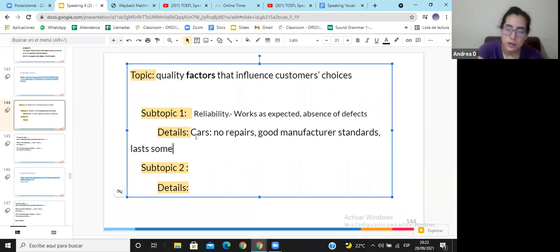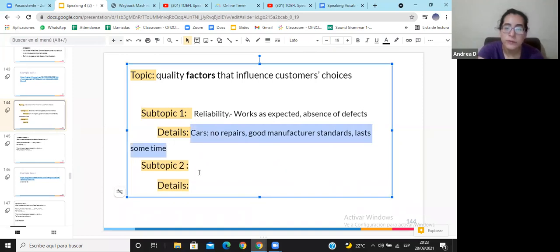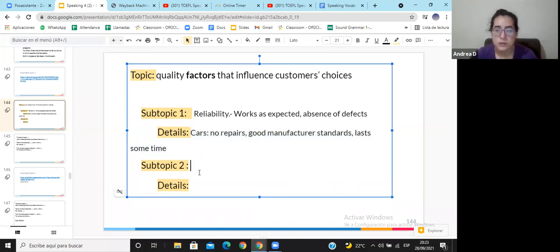Okay, guys. Now, what about the second subtopic? So what was the other factor that influenced a customer's choices? Features. Okay, great, features. So what about them? What are they?